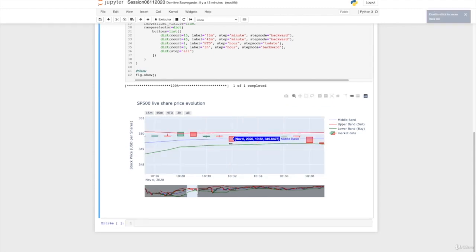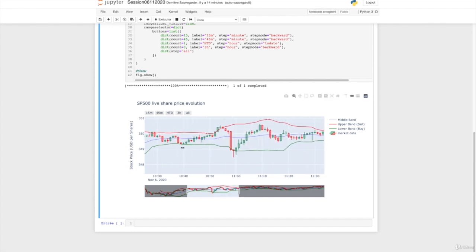If you see that at 10:30, it makes no sense to buy a share on the S&P 500. It's much more interesting to just wait a few minutes until the price goes down from 350 to 349 and buy at this moment. Again, sell at this moment, buy, sell, and so on.